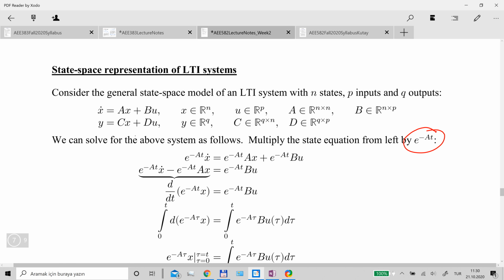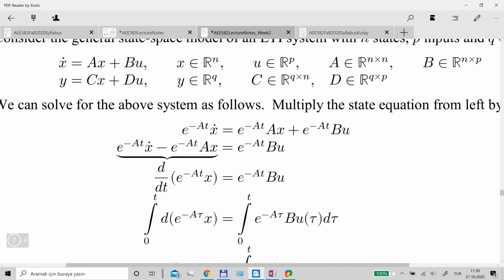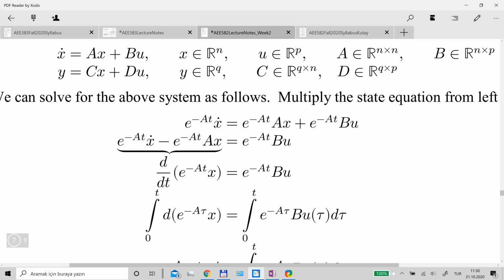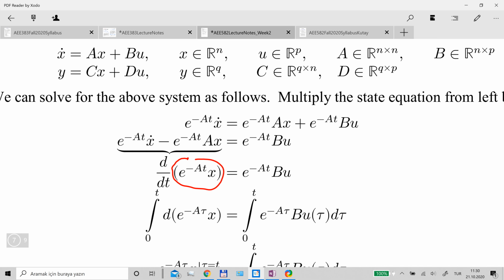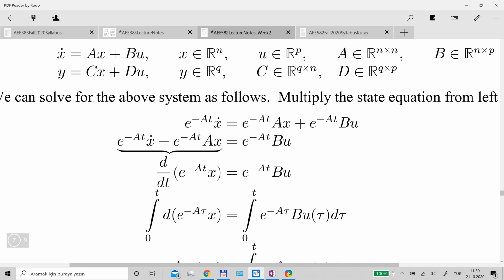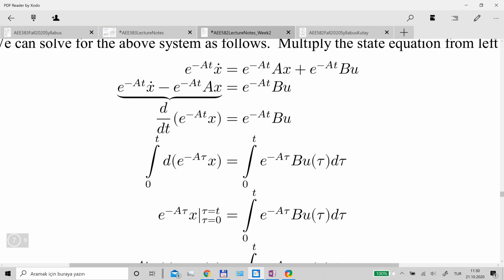When you do that, the details are seen here, these two terms can be combined. And when you look at that, you can see that it is nothing but this derivative term opened using the chain rule. So once you recognize that, you can take the integral of the equation.